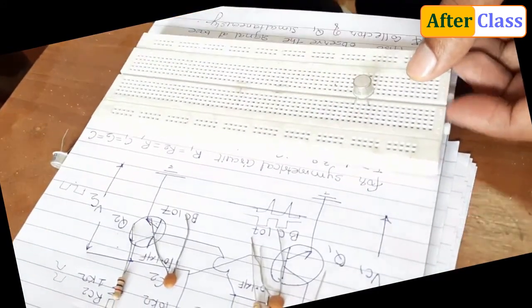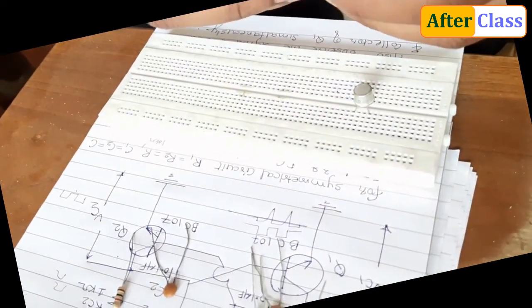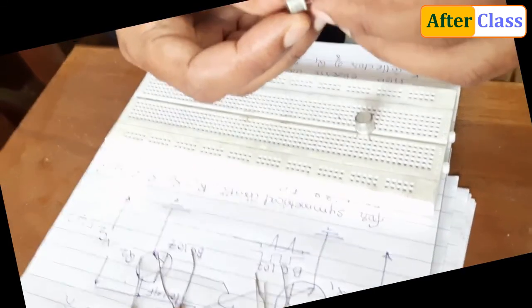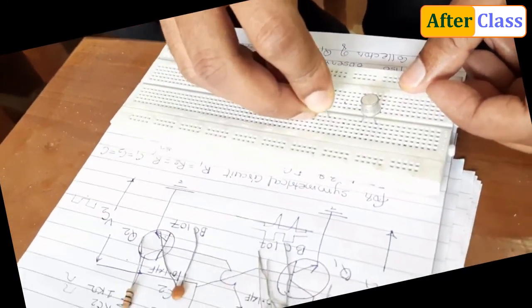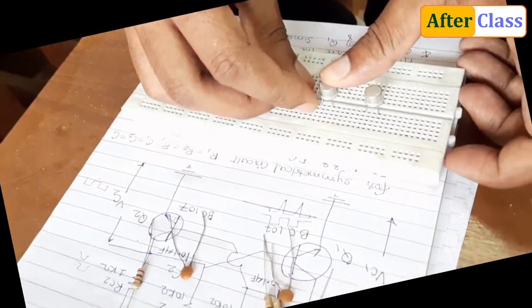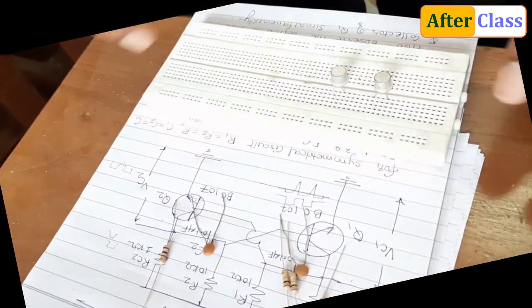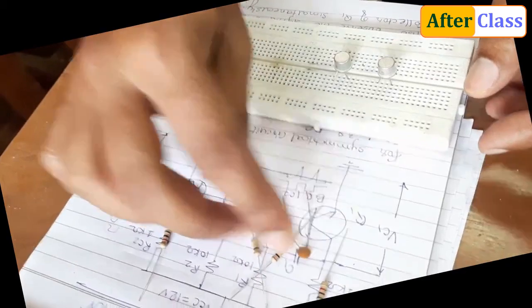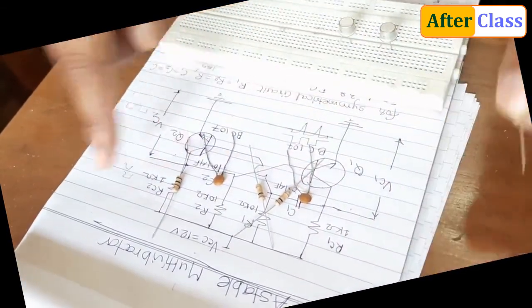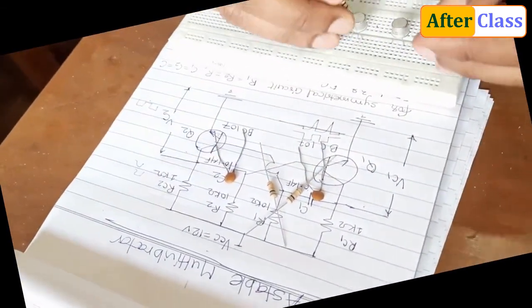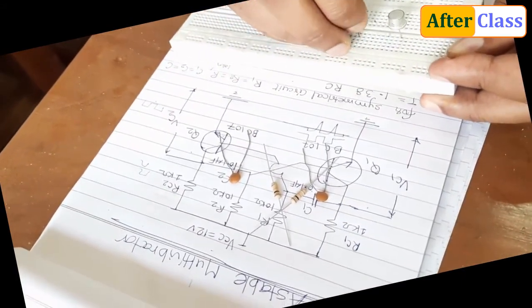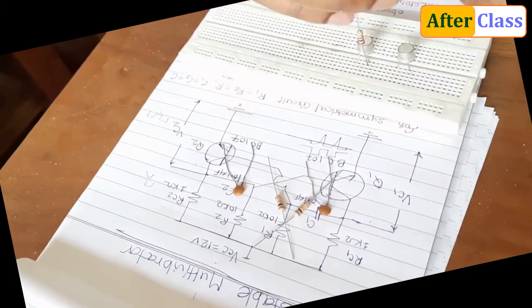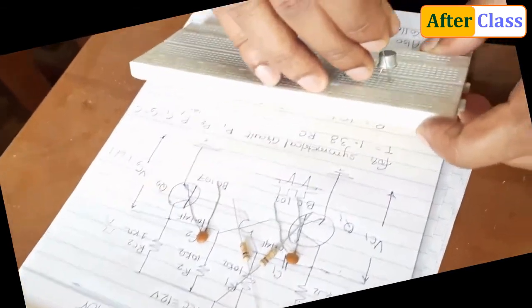Emitter, base and collector. The same we'll put over here. Emitter, base and collector. Now just see, we have two collectors over here, and we have 1 kilo ohm connected to the collector. So I'll put a 1 kilo ohm resistor here and a 1 kilo ohm resistor here.